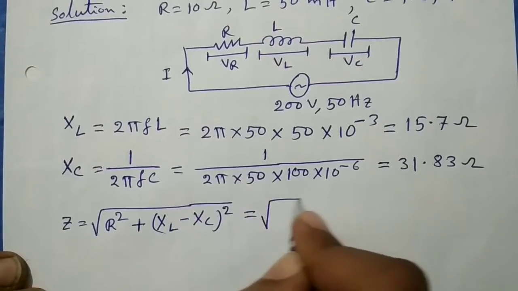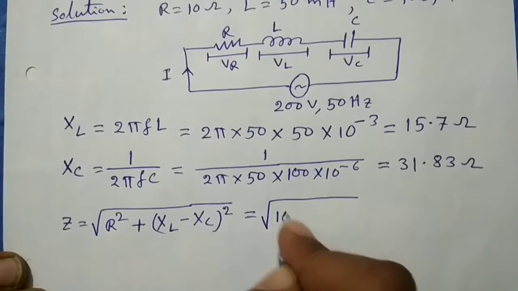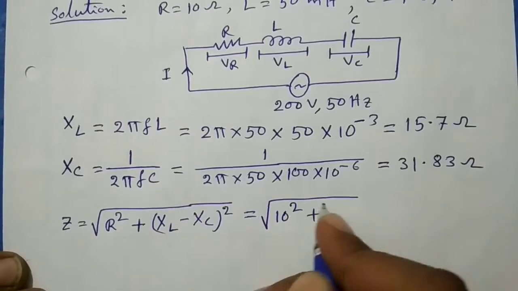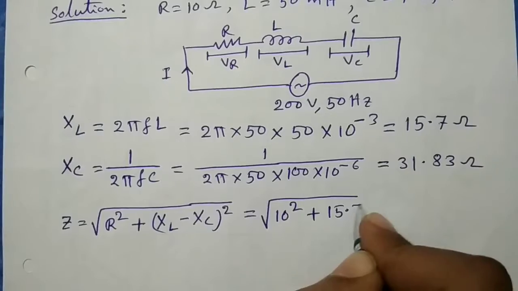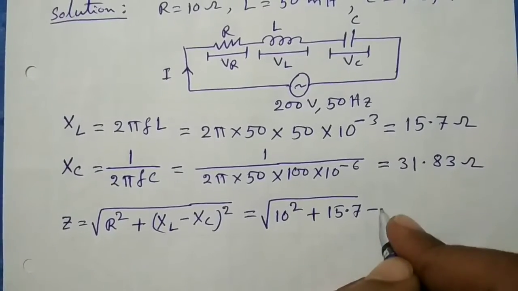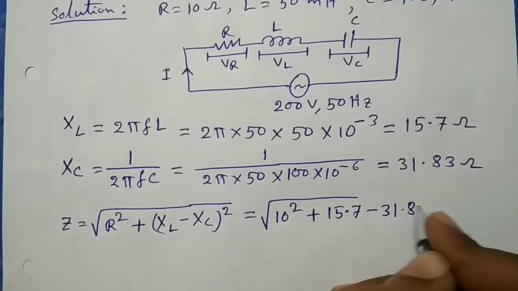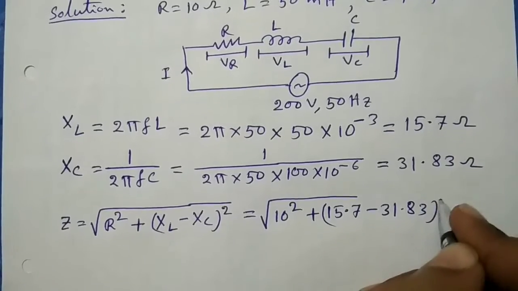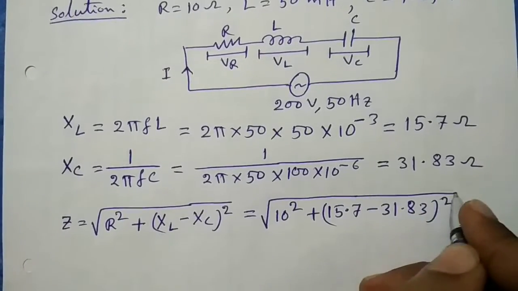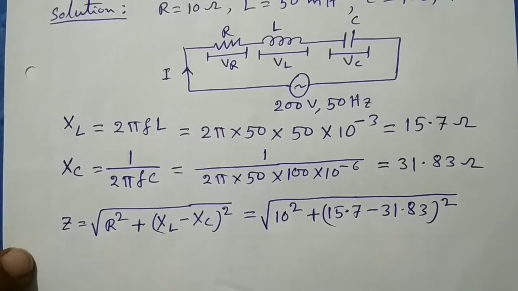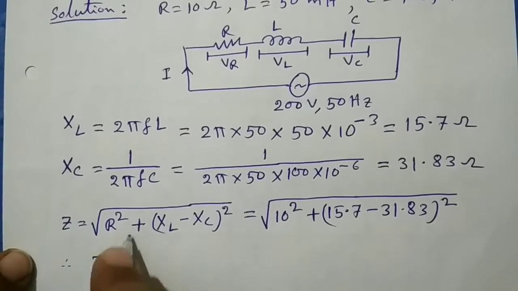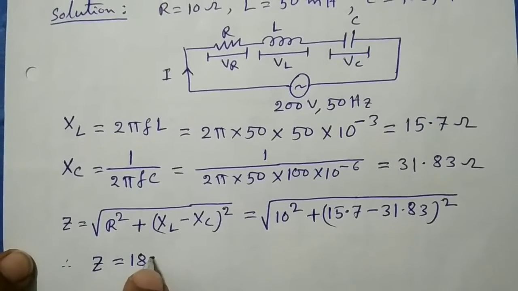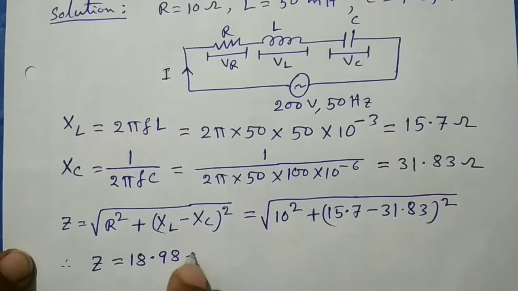So it can be written as R square, that is 10 square, XL is 15.7 and XC is 31.83, whole square. So the value of Z we will get will be 18.98 ohms.